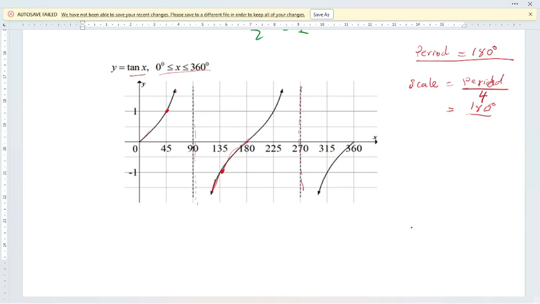So what do you get? 45. Start from 0, add 45 to get 45, add 45 again to get 90. If you use a calculator, the step must be 45.